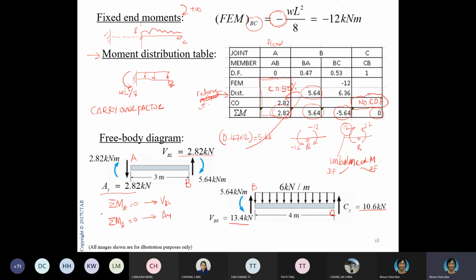Or once you have done that, you can also go to summation Fy equal to 0. Here, for all the free body diagrams, you can use your summation Fy equals 0 or summation M equals 0. Okay? So these are all the equilibrium equations. These are already determinate. You can actually just use your equilibrium equations.